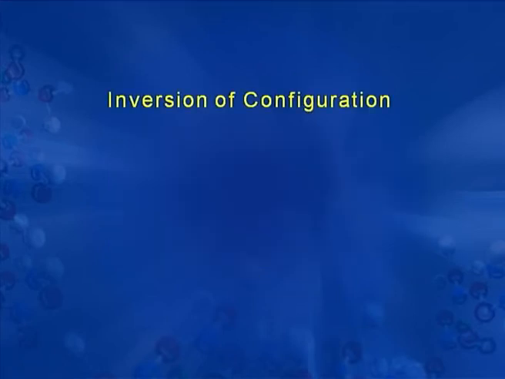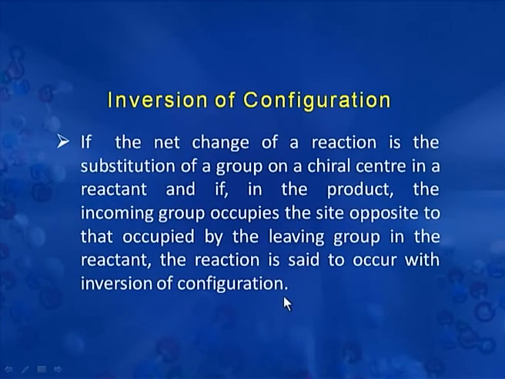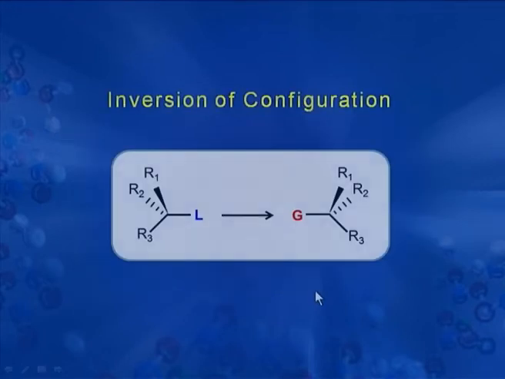Another is inversion of configuration. Now, inversion of configuration is that if a net change of a reaction is substitution of a group on a chiral center in the reactant in such a way that the incoming group occupies the position which is opposite to that which was earlier occupied by the leaving group. Let us understand with the help of this example.